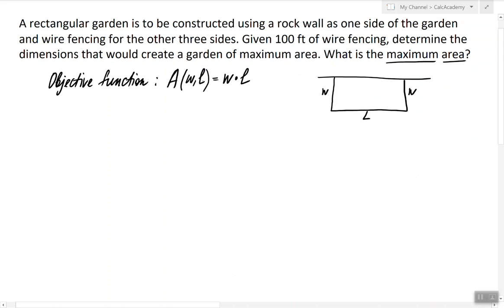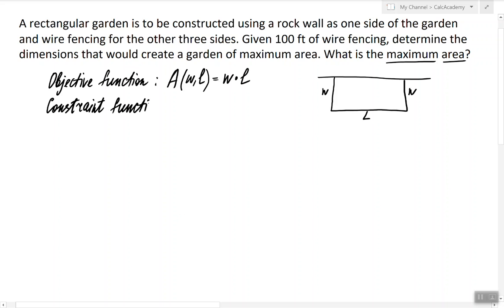And what can help us with this is called the constraint function. So a constraint function is an additional relation in the problem that somehow relates the two or more variables and allows us to isolate one variable in that equation, and use that expression in our objective function instead of the second variable.